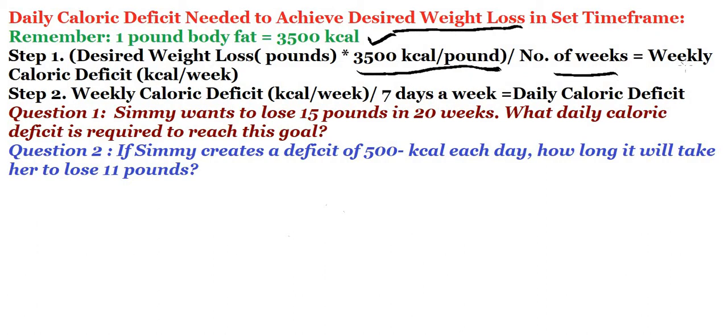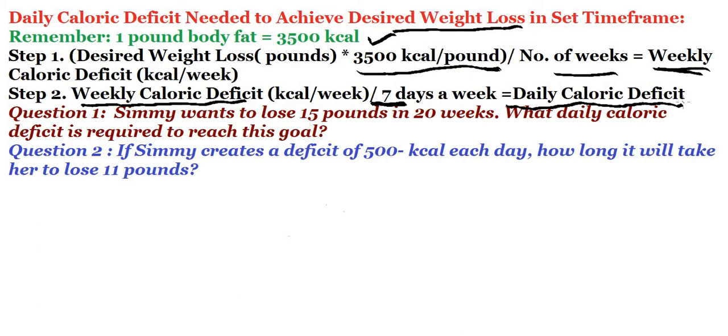This will give you weekly calorie deficit. Step 2 is to divide the weekly calorie deficit by 7 days, because there are 7 days in a week. So you will get daily calorie deficit.